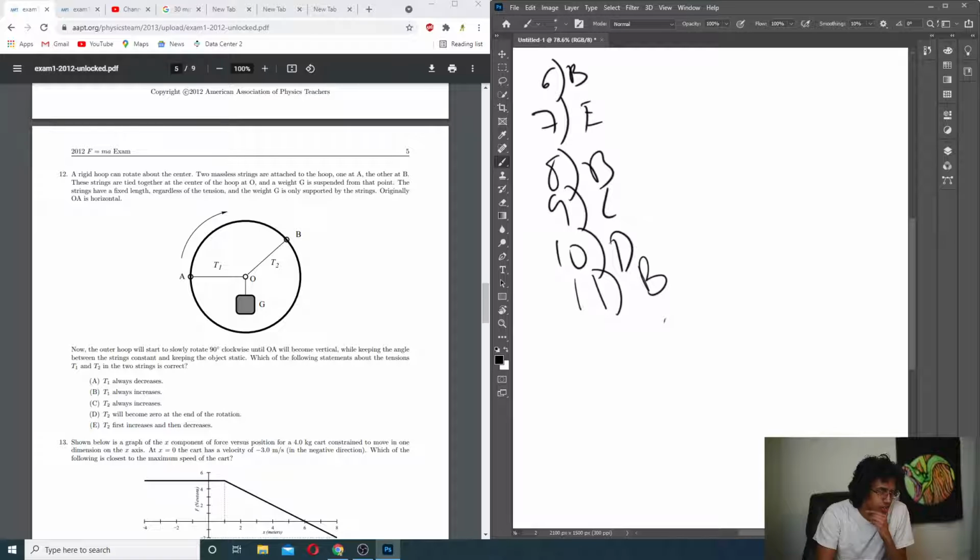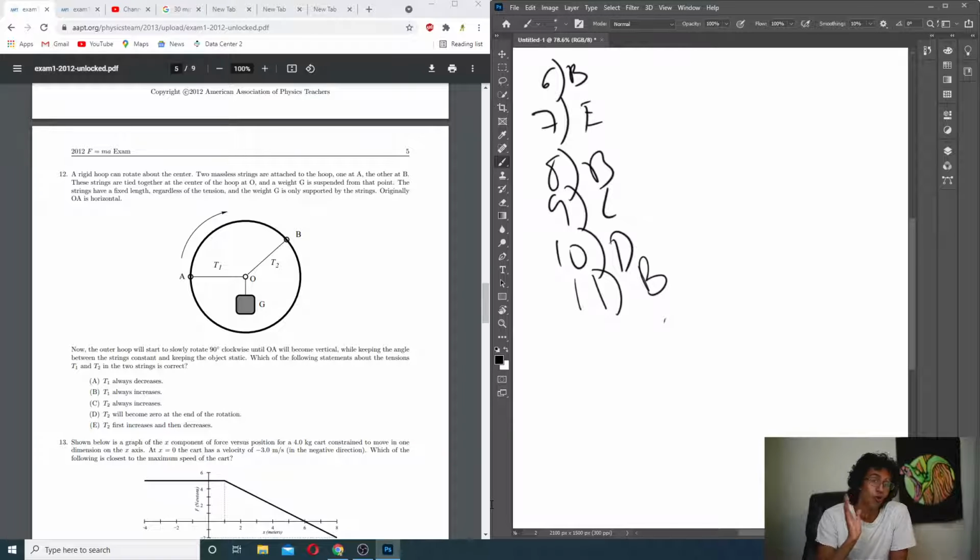So basically, when you're rotating it, some of the upward force is actually getting put on T1. But, okay, well, let's see. I don't think we even had to think about it too much. So, basically, OA will become vertical, right?